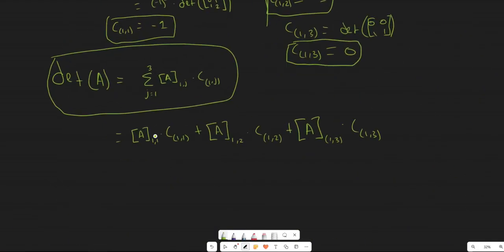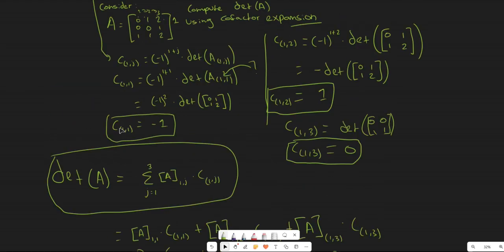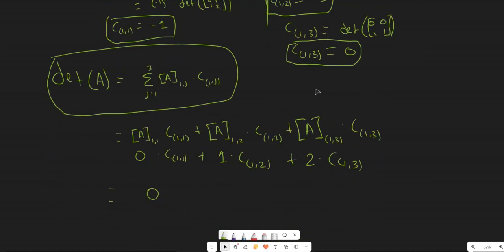So what that means is that this will be 0 times the cofactor of 1, 1 plus 1 times the cofactor of 1, 2 plus 2 times the cofactor of 1, 3. And so if we just substitute in, 0 times whatever the cofactor of 1, 1 was will be 0. Cofactor of 1, 2 was 1, as we can see.